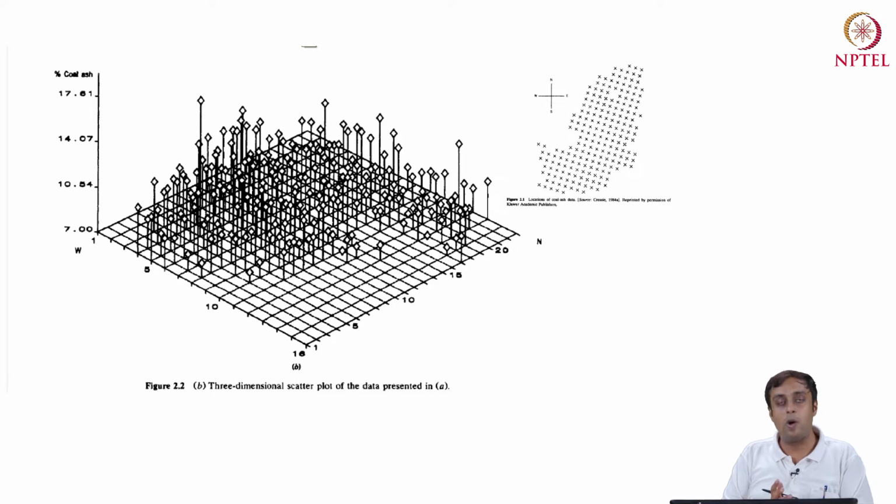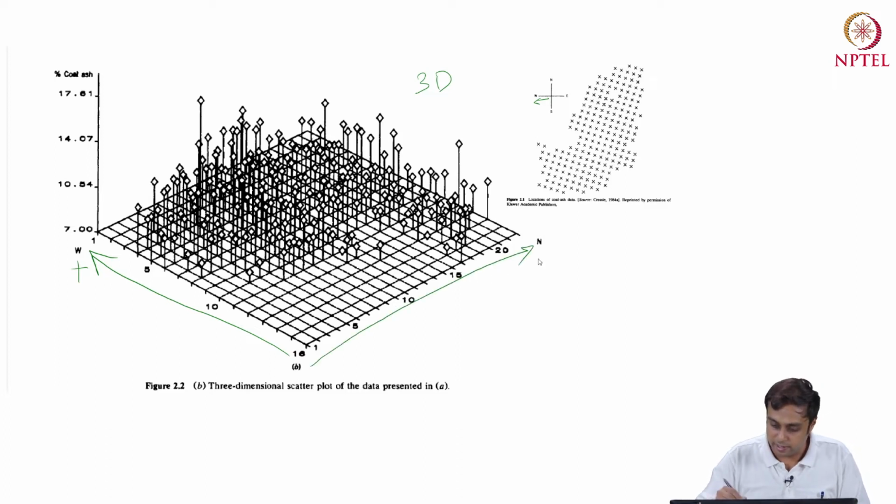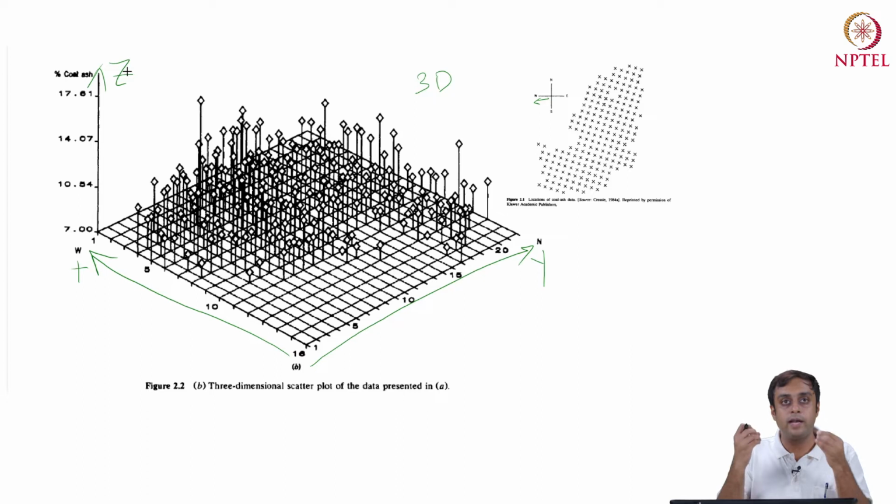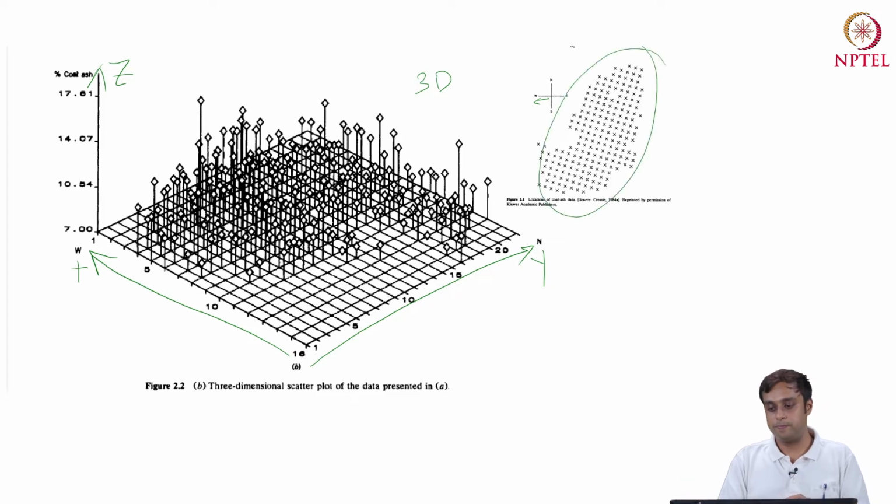This visualization is now happening in 3D. In 3D, your west direction, which we saw on the map, is now, let's say, the x-axis, and the north direction is the y-axis, and the z-axis, which is the height, is giving me the content of coal ash that is found at the samples drawn at each location on the ground, right?